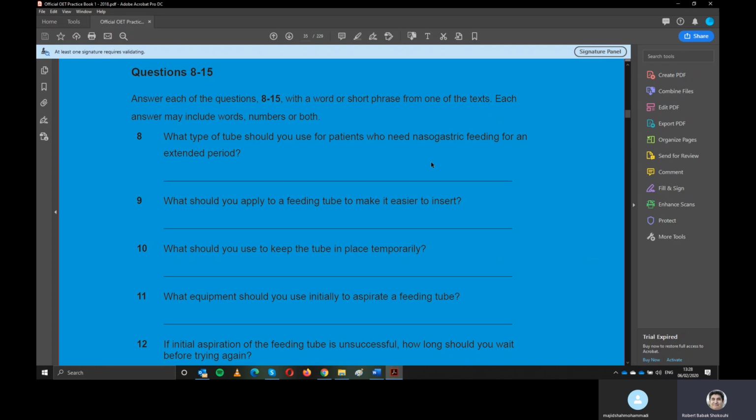how we can answer these, and let's see if it is easier. What type of tube should you use for patients who need NG feeding for an extended period? Do we need to read? Okay. It's surely in part two, part B. Okay, so we know where it is.